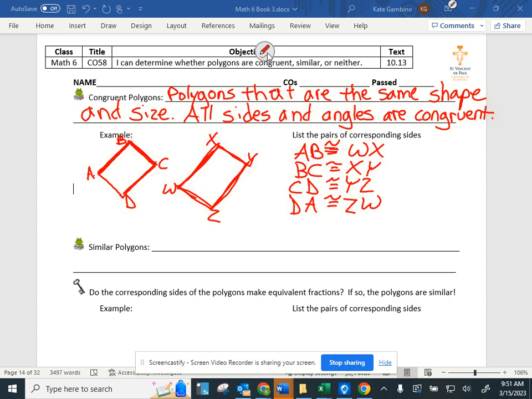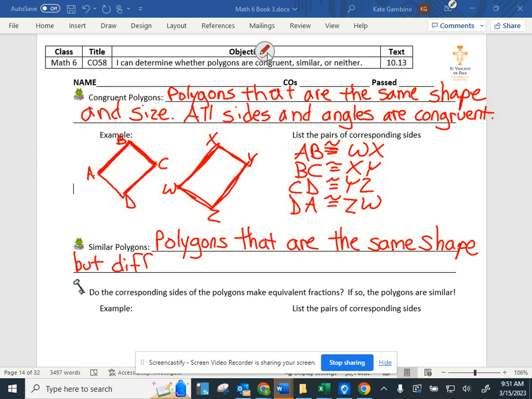So our similar polygons are polygons that are the same shape but different sizes. The angles are congruent. That's how we know it's the same shape.